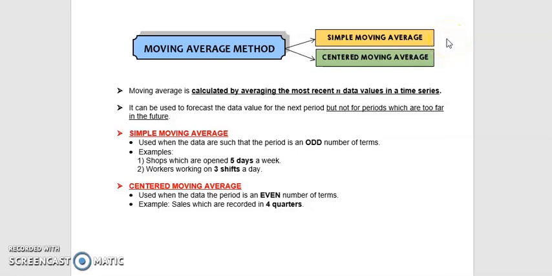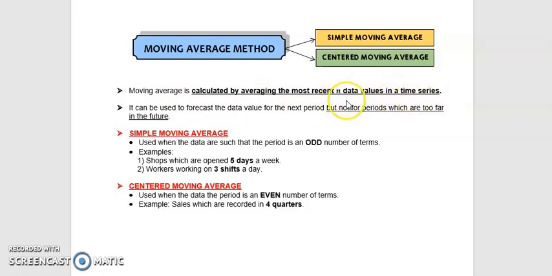Before that, we need to know when to use simple moving average and when to use centered moving average. Let's look at some introduction on the moving average method first. Moving average is calculated by averaging the most recent n data values in a time series.